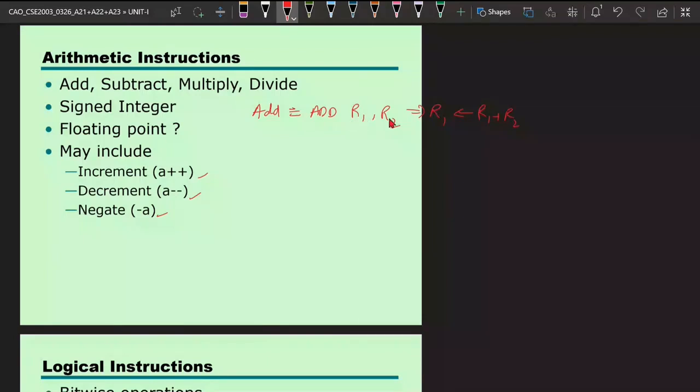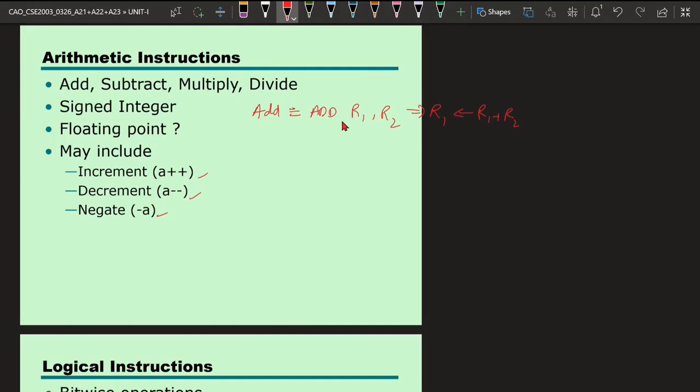This is a two address type of instruction. We have gone through the different types of addresses and their instruction formats in the previous class, so you should be able to identify it. It is a two address type of instruction. The third one, that is the destination, will be this one itself.